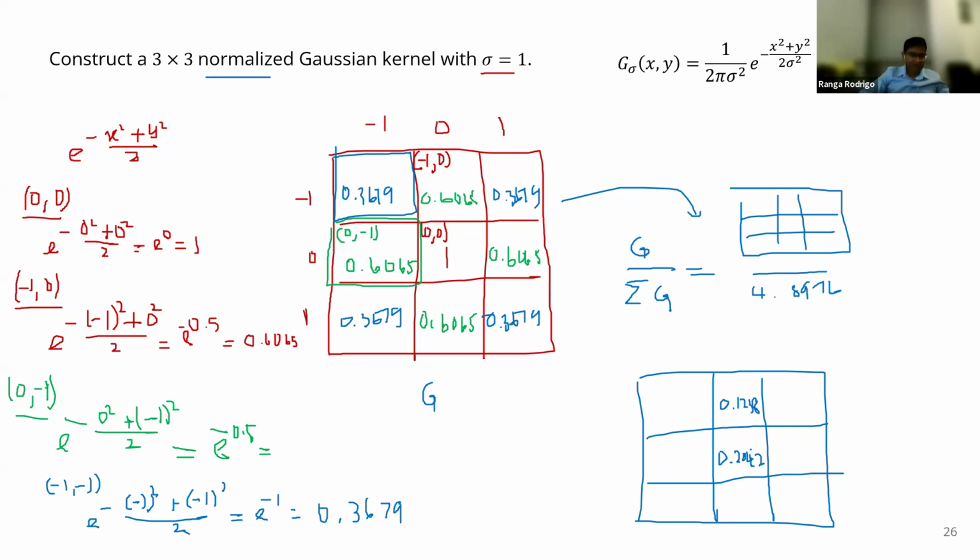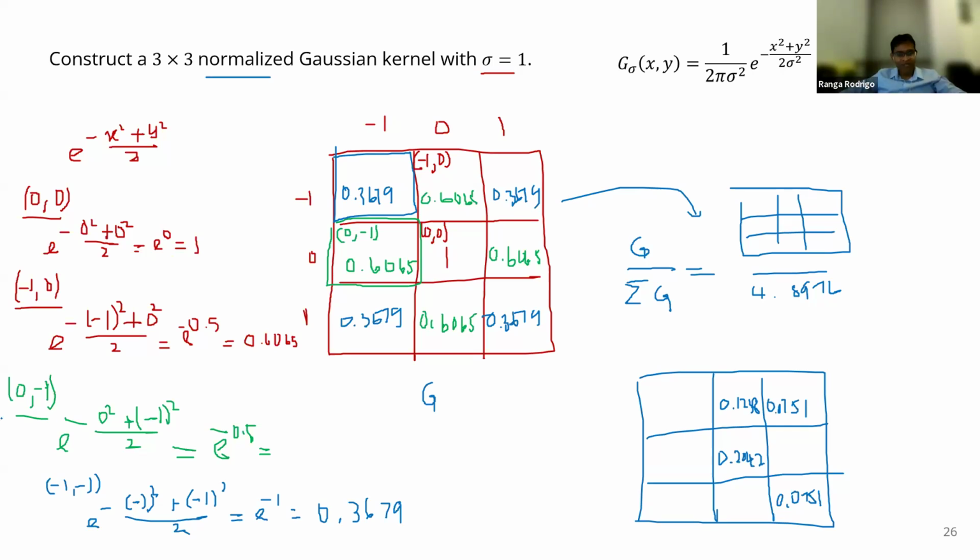I hope these numbers are correct. 0.3679 divided by 4.8976 is 0.0751. Okay, you have to write this. I will not write this. So you can see this is the normalized Gaussian kernel computation. So I hope you are happy.